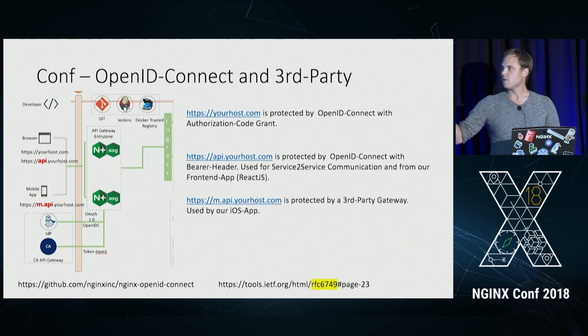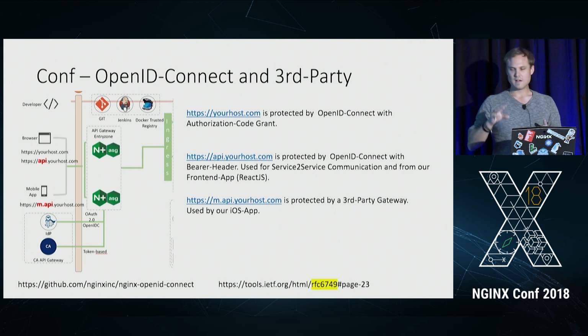The first two hosts, yourhost and api.yourhost, are configured to handle OpenID Connect. And the last one is completely different. This is CA Technologies. It's not based on OpenID Connect. It's based on a token exchange. That means the CA API gateway is validating a user based on the client certificate on your iOS device, and is generating some session identifier.